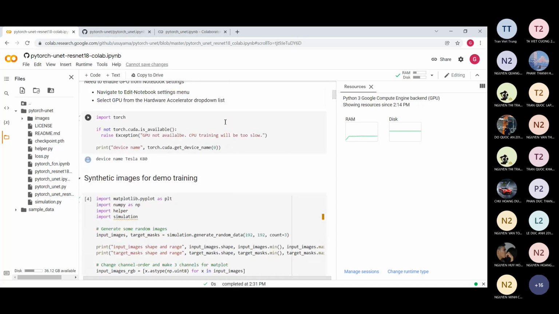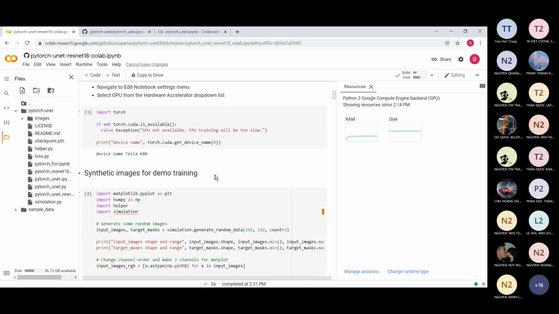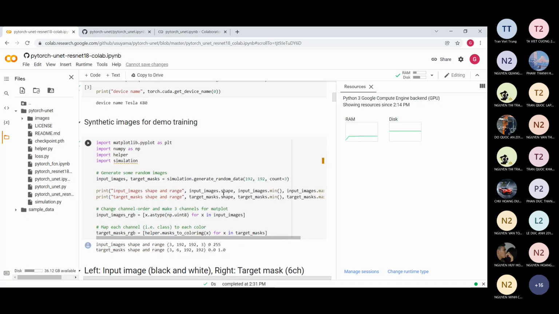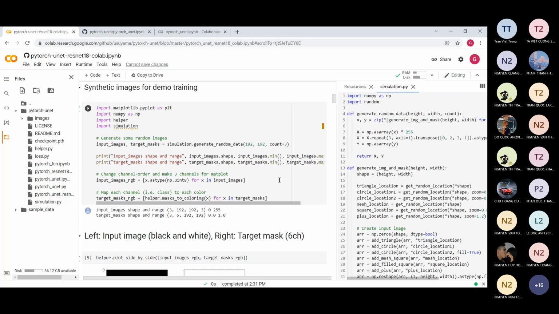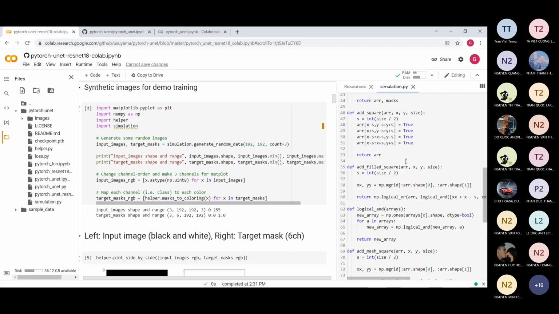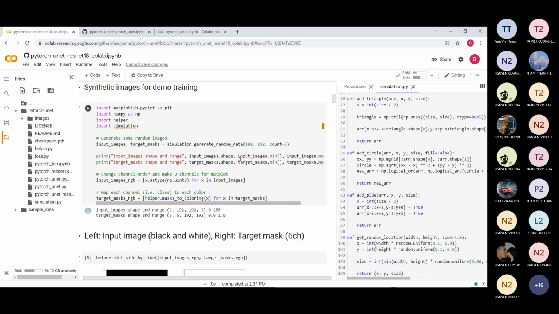About this cell, there is nothing much to say. Just import torch and get the GPU environment. Here we see they import the simulation. It's the Python code they use to generate the fake data set, the image and the target image, just numbers generated randomly. I don't think there is too much to say.